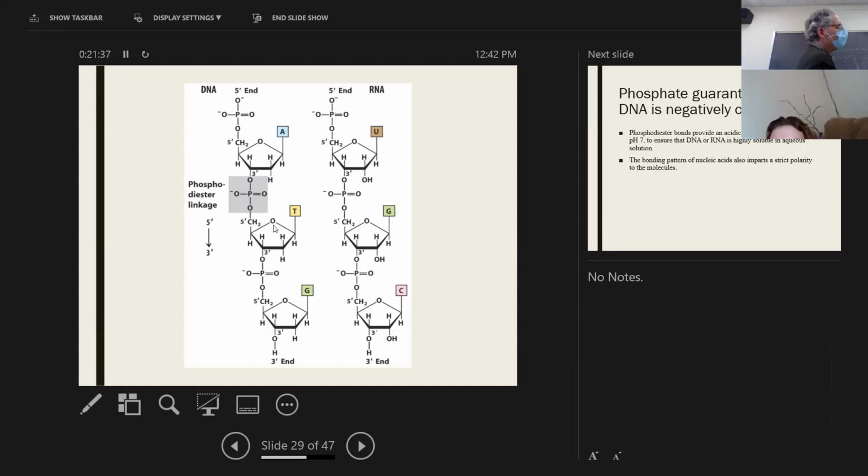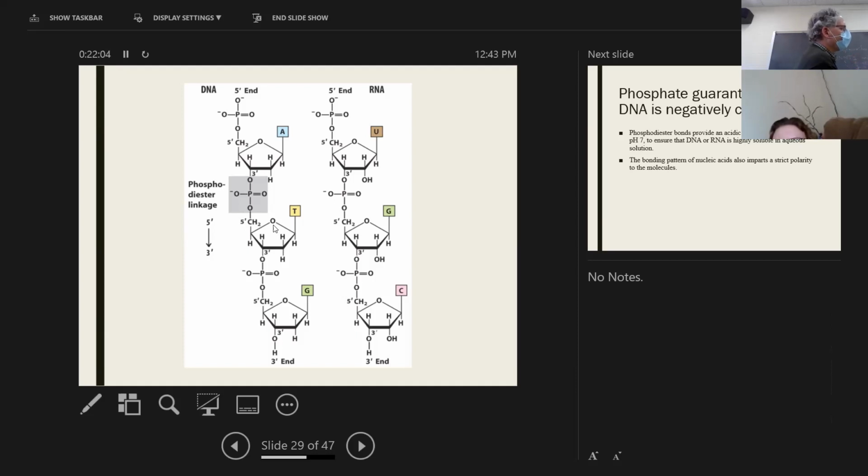The tail has a hydroxyl group with no phosphate attached to it. That's the 3' end, the tail. So an F and a T, 5 to 3. That's the back of the nucleic acid. Front 5' end and a 3' tail end.